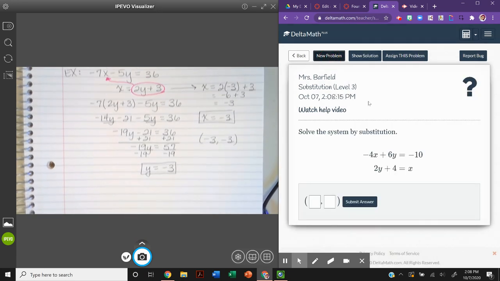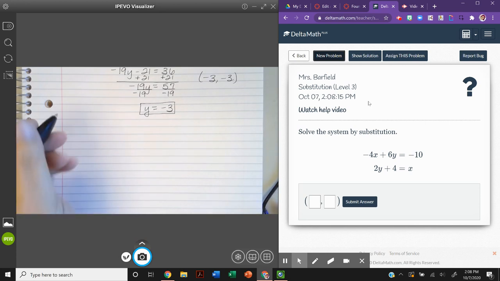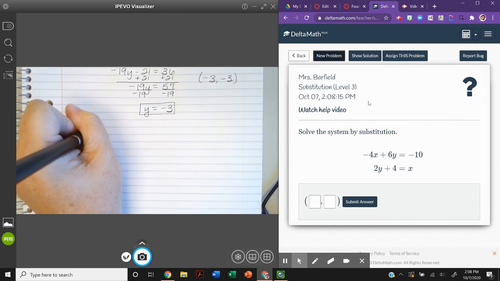So now this one, if you look at it, you should already be able to say, before you even write it down to start your work, I'm taking that second equation and I'm going to be plugging it into the first one. That's what I want to pop into your brain as fast as possible.